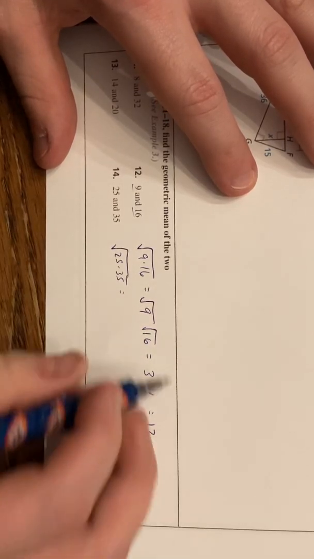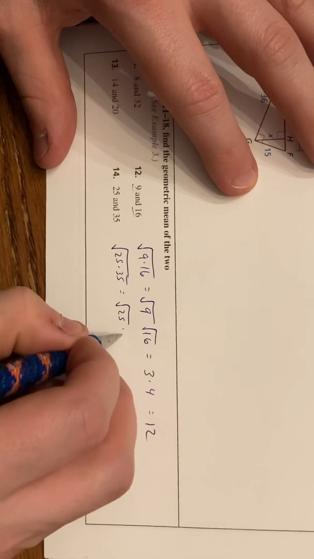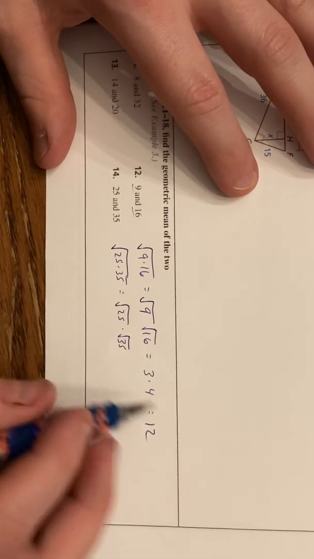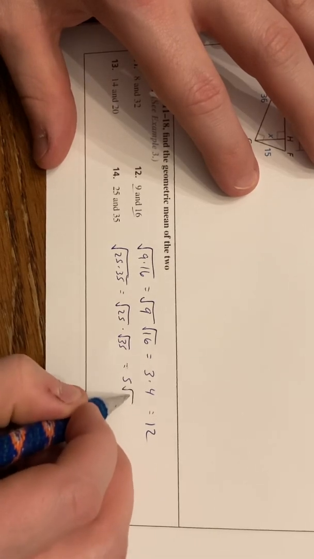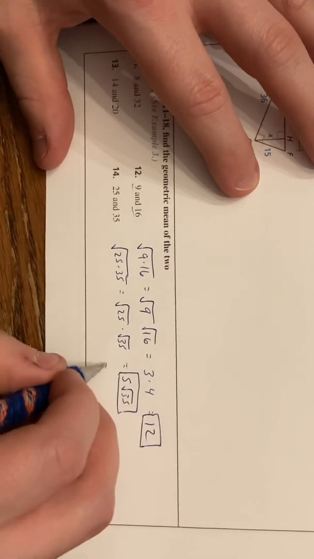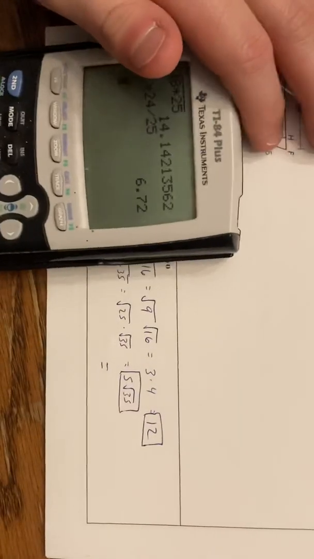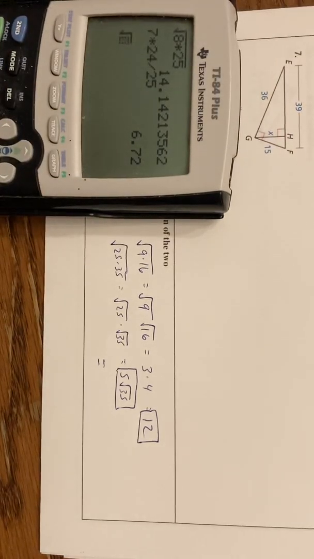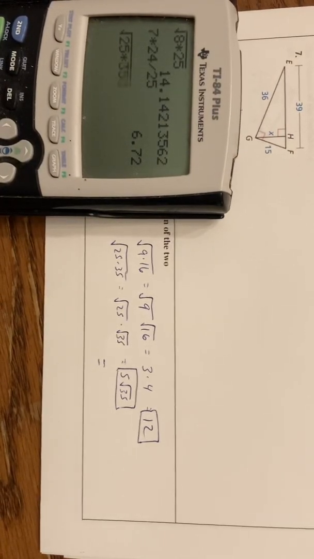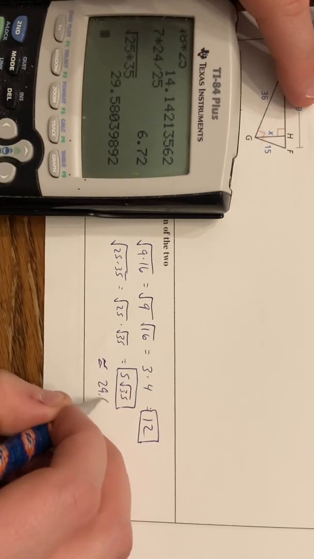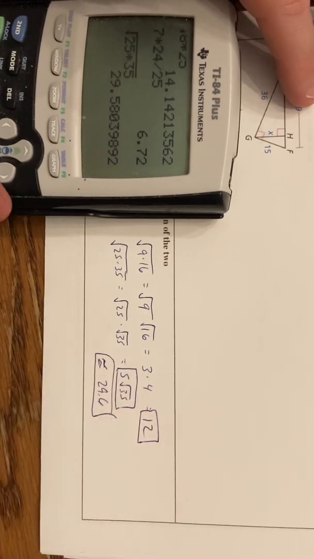Now that one doesn't work out. In fact, that's as far as you can go with that one. Okay, I'm not upset if you put that in your calculator. Just do the square root of 25 times 35. You get about 29.6.